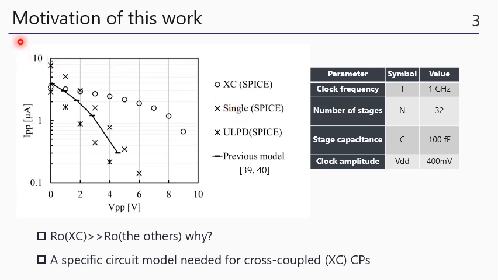This slide shows the motivation of this work. When we draw the output voltage versus output current using the cross-coupled rectifier circuit, it has a very high output impedance compared to the single diode case or ULPD.